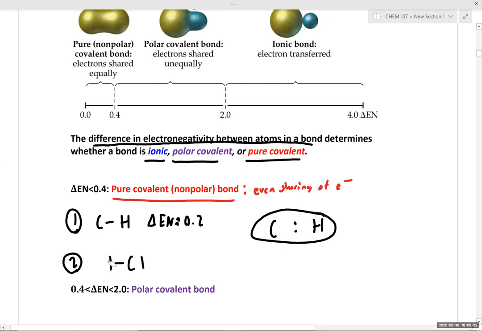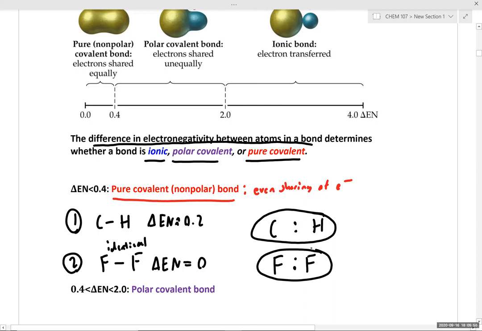For example, if I bond two fluorine atoms to each other, you may say, well, what's going to happen? If these atoms are identical, the difference in electronegativity is going to be 0. So even though our two fluorine atoms are viciously electronegative, they both pull on our electron density with the same strength.